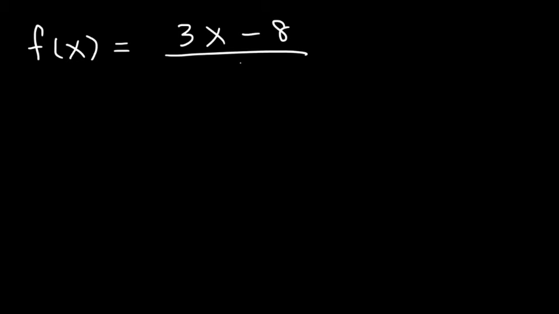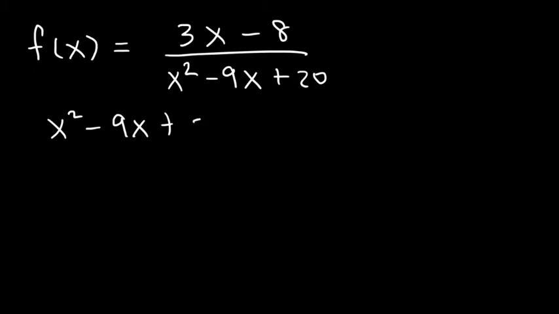Suppose f(x) equals (3x minus 8) divided by (x square minus 9x plus 20). Okay, now I must ensure here also the denominator must not be equal to 0. So for that the same thing we will see. Remember, for every fractional function the denominator must not be equal to 0.